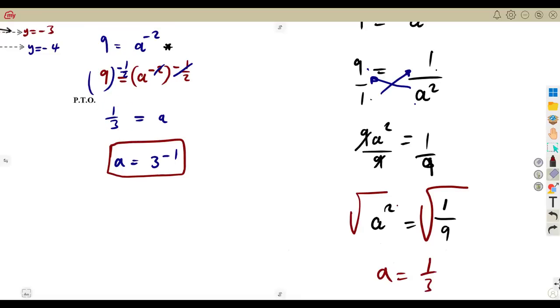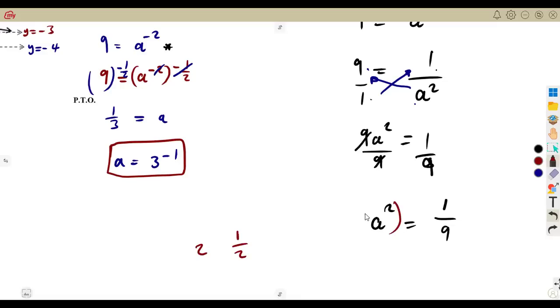Or maybe you do not want to introduce the square root. You just ask yourself, what is the reciprocal of this half? A half, the reciprocal is 1 over 2. So you raise this to the exponent of 1 over 2, and you also raise this to the exponent of 1 over 2. So this can multiply, and you have got a 1 over 2.